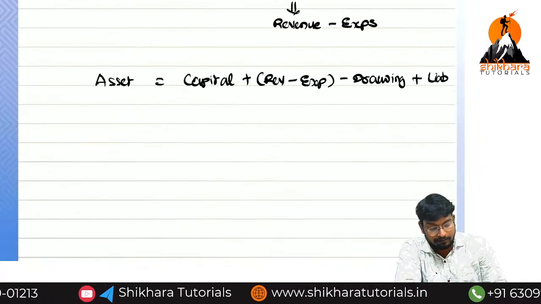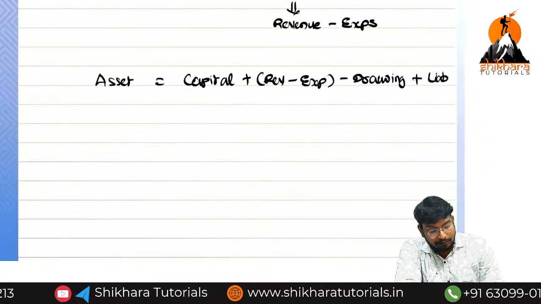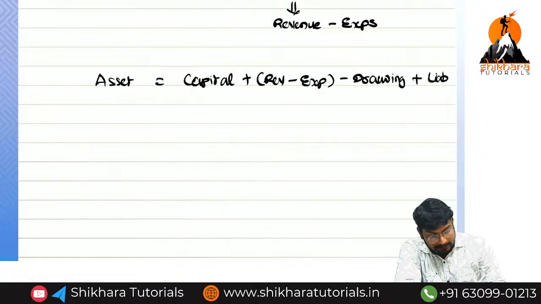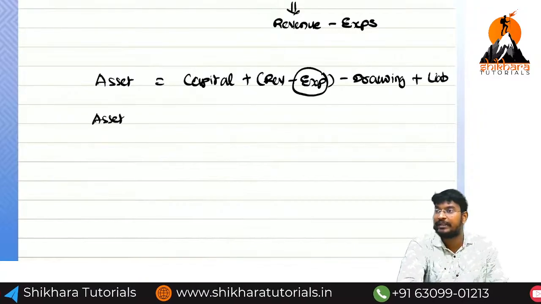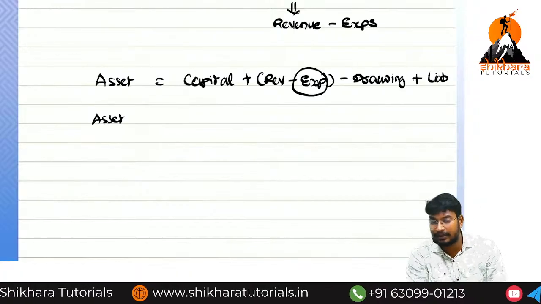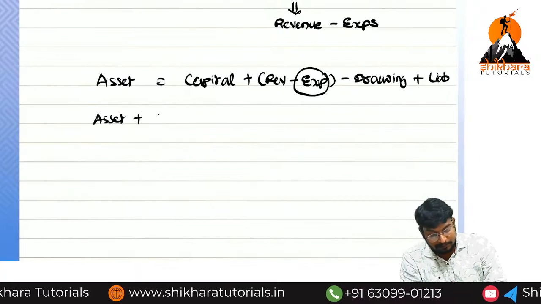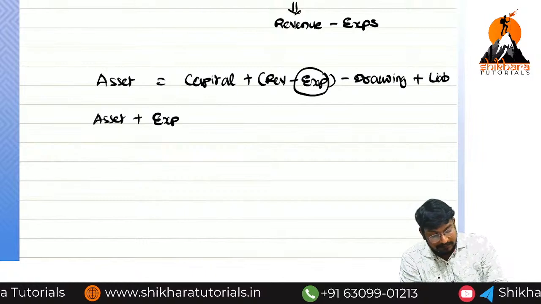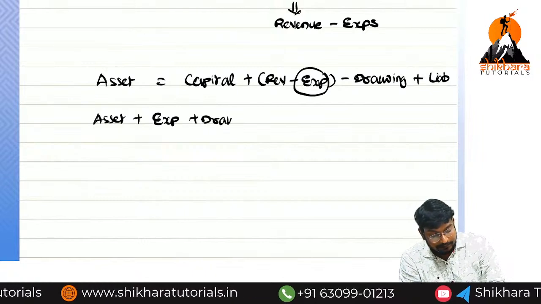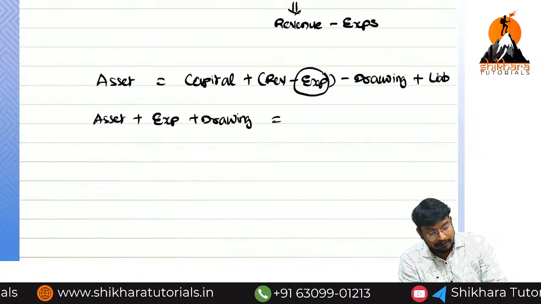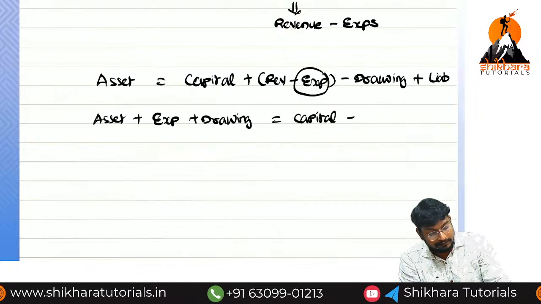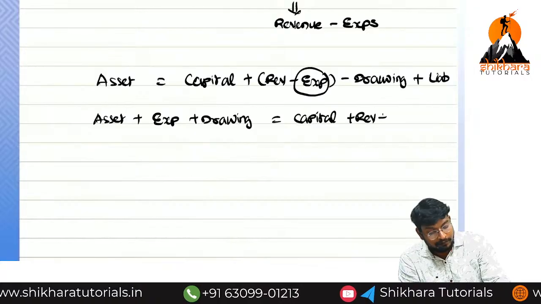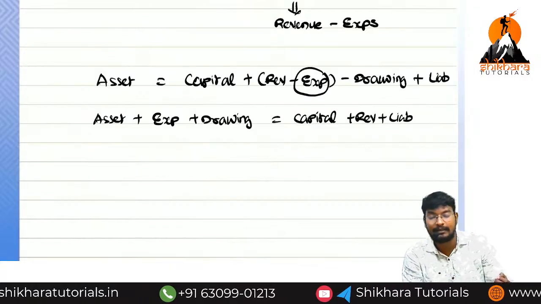So the same equation, how are they writing, ma? Asset, expenses minus expenses, if we bring it to the left hand side, what will it be? Plus. So asset plus expenses plus drawings equal to capital plus revenue plus liabilities. Like that they are representing.